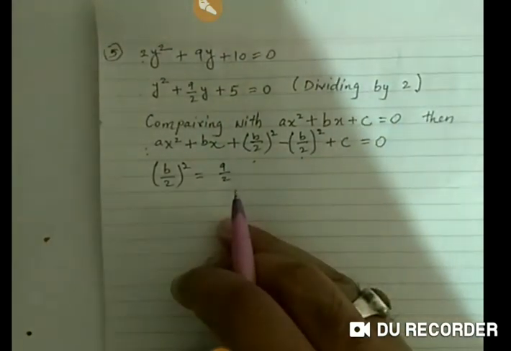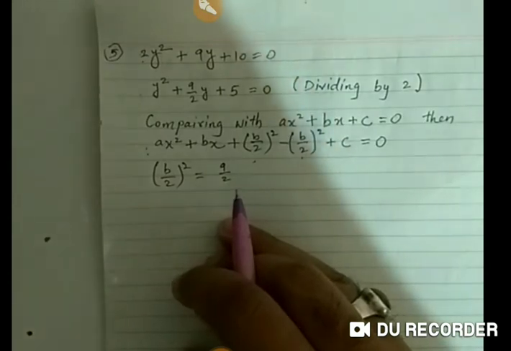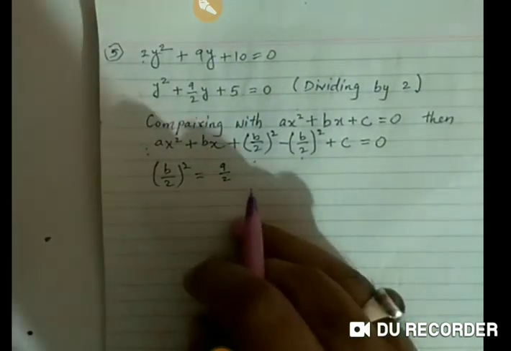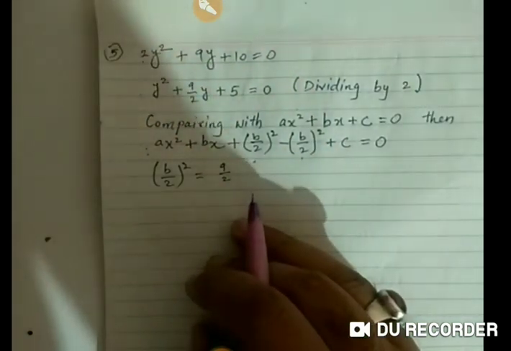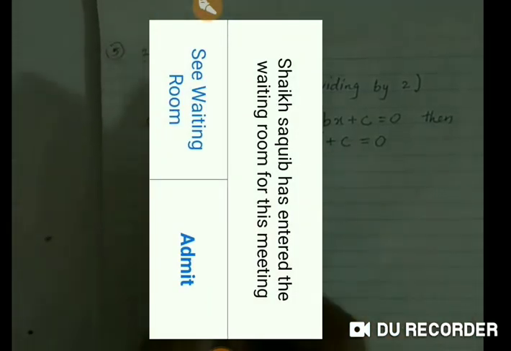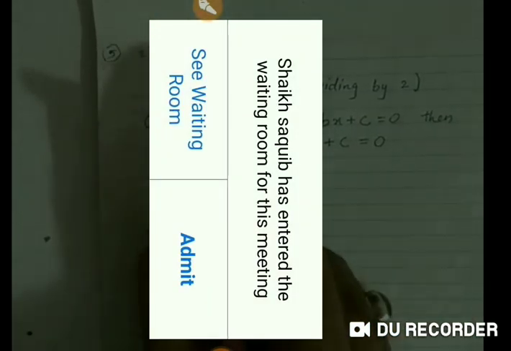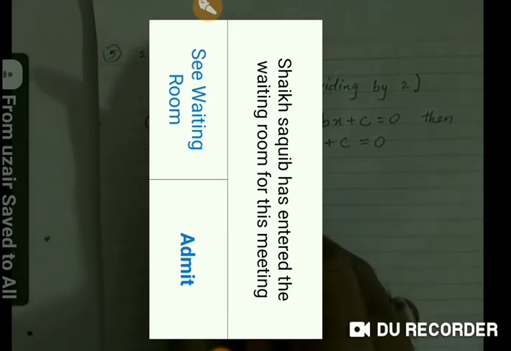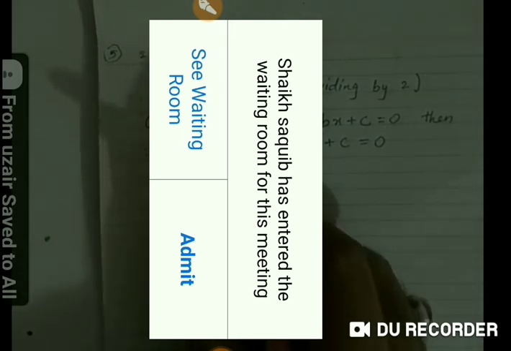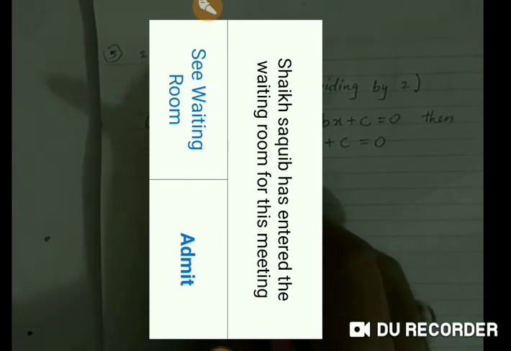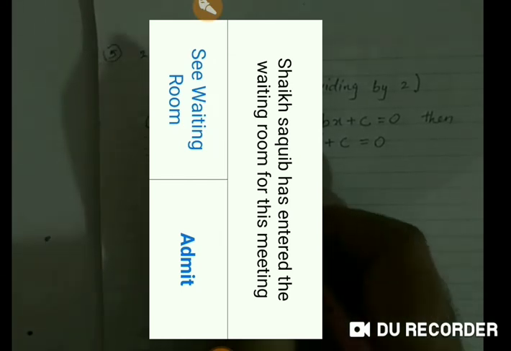When you take that upon 2, the 2 can be taken in the denominator, so it becomes 1 upon 2 whole square.